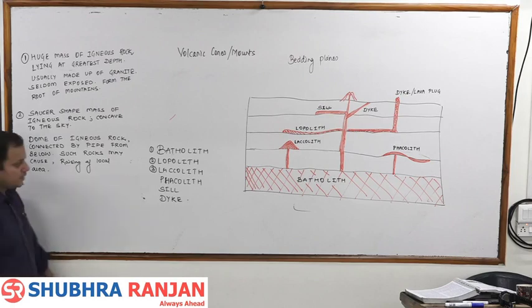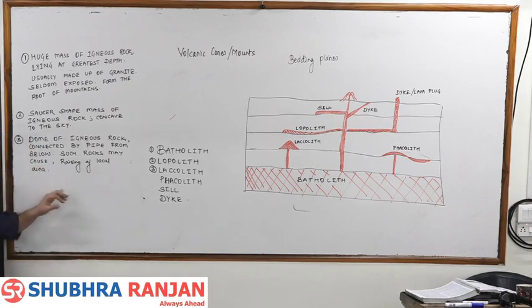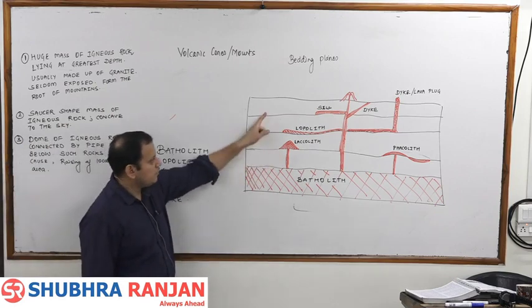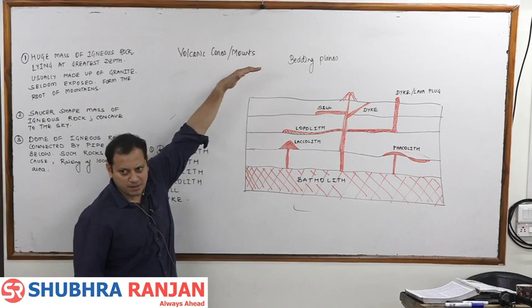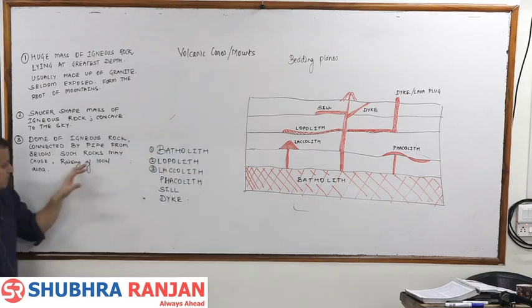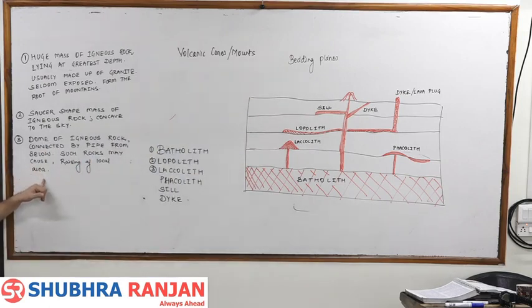Why raising of local area? The third case, imagine this laccolith now forms here. If it forms here, it will push this area upwards. So it may cause raising of local areas. Yeah, upliftment, local upliftment.